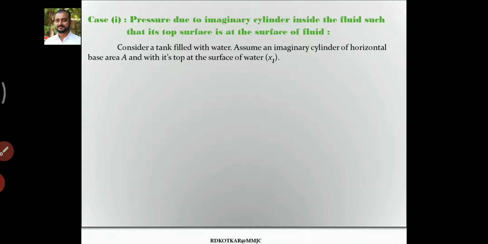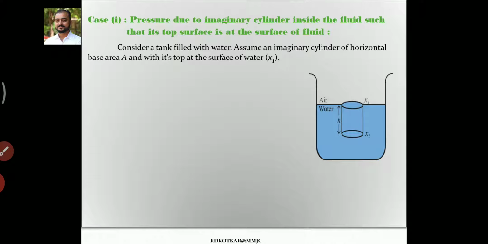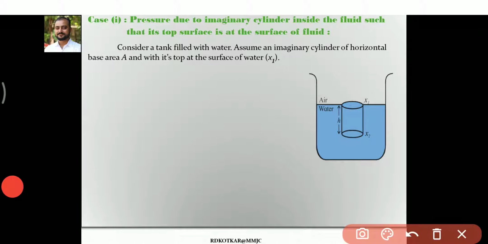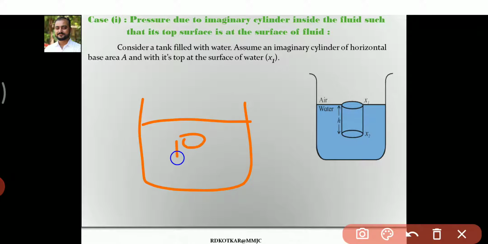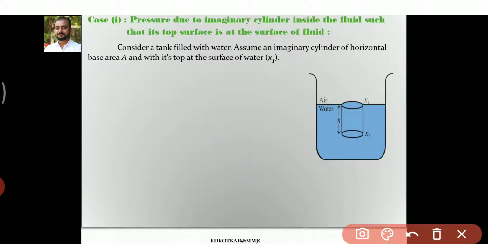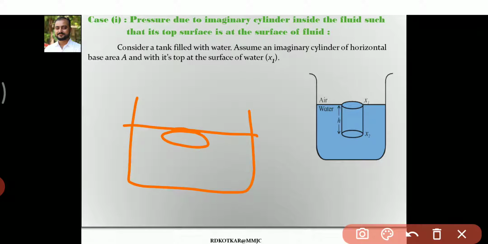As you observe in the diagram, in the previous diagram the cylinder was completely inside the liquid. In this diagram, the top of the cylinder is at the surface of the liquid and the bottom is inside the liquid. So what do we have to consider here?